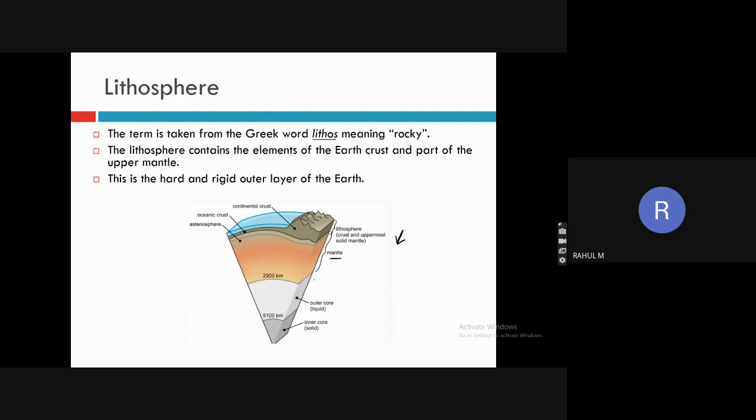And the next lower part is called the outer core, which is liquid. And this ranges up to 5,100 kilometers. The last is the inner core, which is solid, from 5,100 kilometers to the bottom. Just you can make a rough picture.